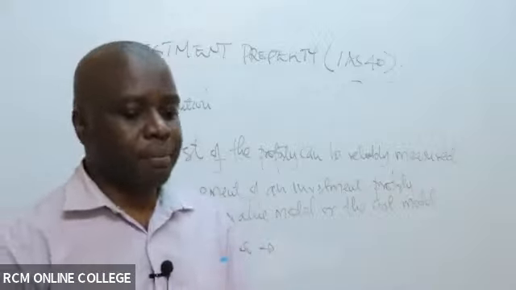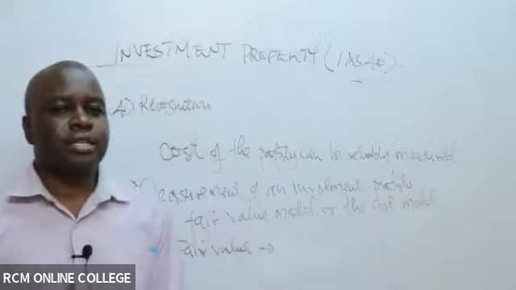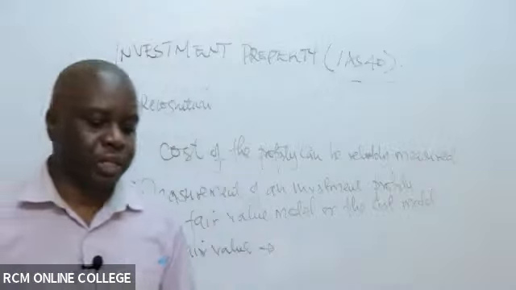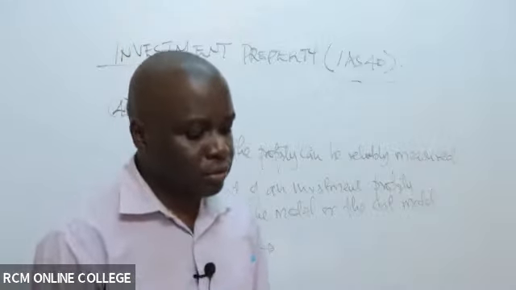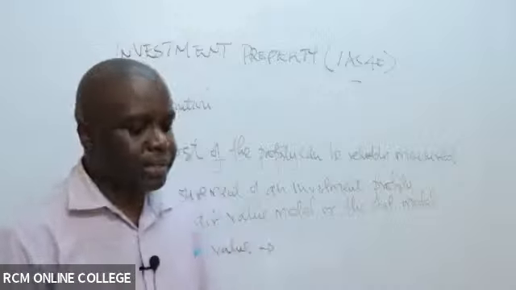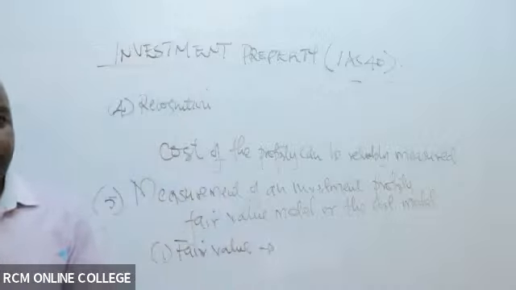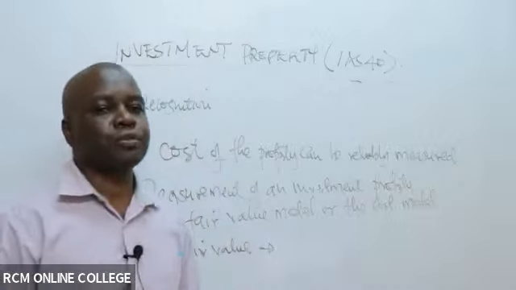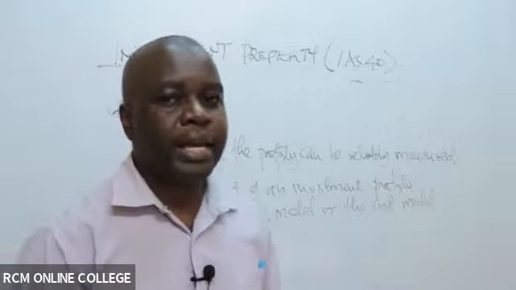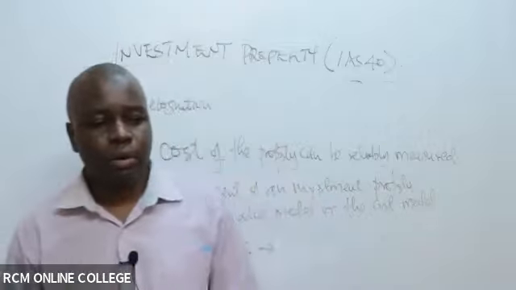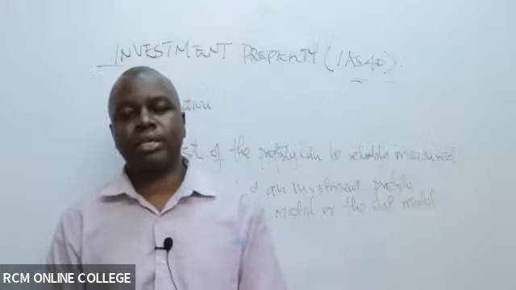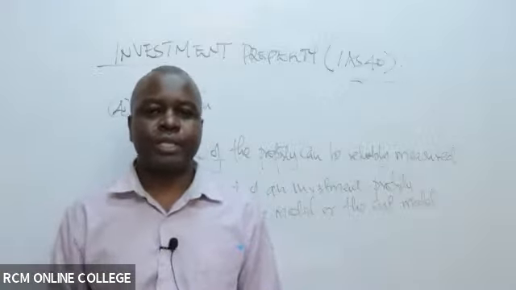For example, you'll be told that here a farm goes for 6 million, an acre goes for 6 million. So those are the market conditions you are considering.